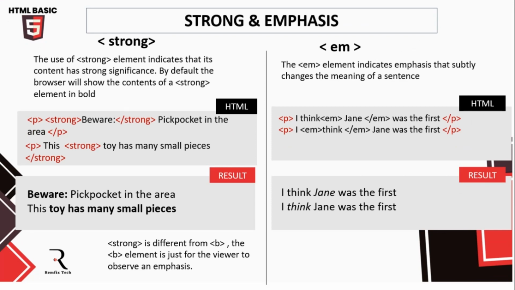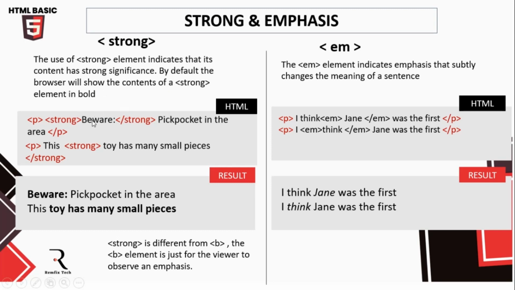So also we have strong and emphasis. The strong tag is the same as the word strong. The use of the strong element indicates that its content has strong significance. By default, the browser will show the content of a strong element in bold.